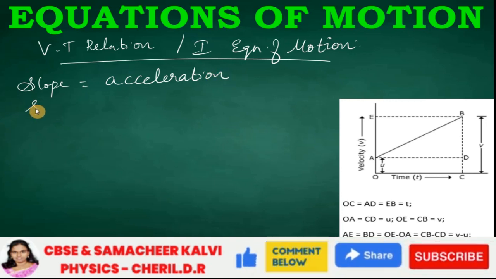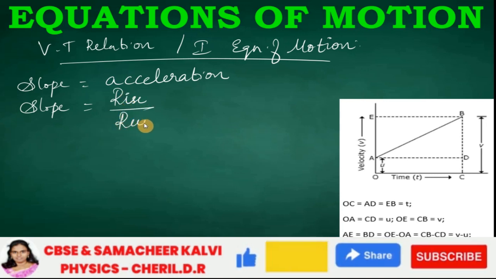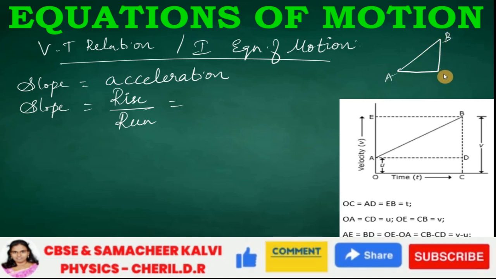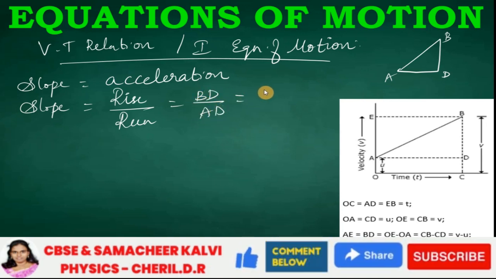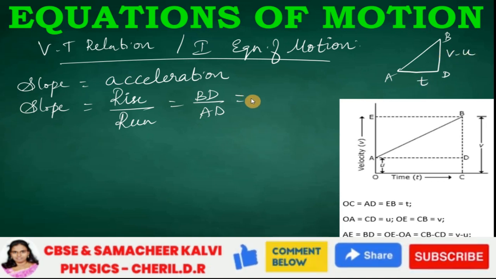We also know that slope is nothing but rise divided by run. Here it is this triangle, that is this slope AB. You have D, so you have BD by AD, which is BD, you got it as V minus U, and this you got it as T. So V minus U by T.